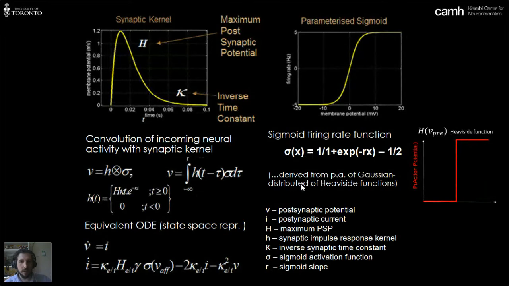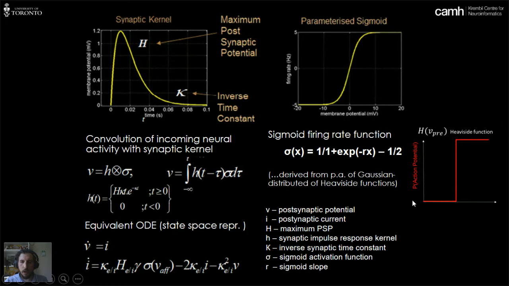On the right hand side, turning to the second thing, the output function, the sigmoid firing rate function: this is just the expression for the sigmoid here, with r as the slope. What I'm showing on the right hand side is what I started describing earlier, but it's easier to show with this actual figure.